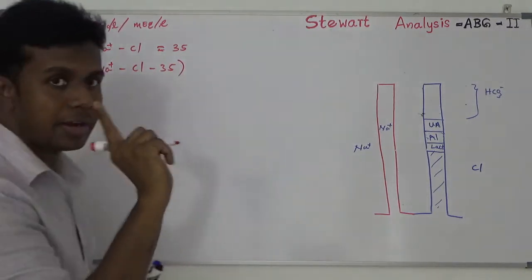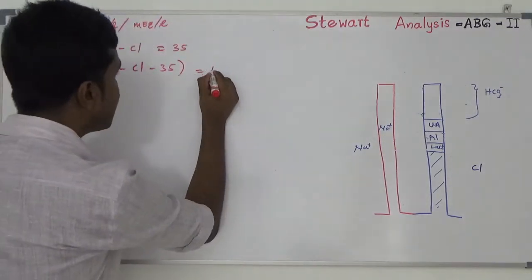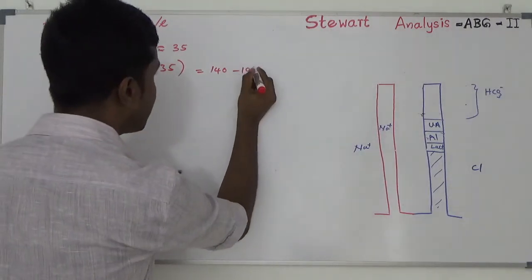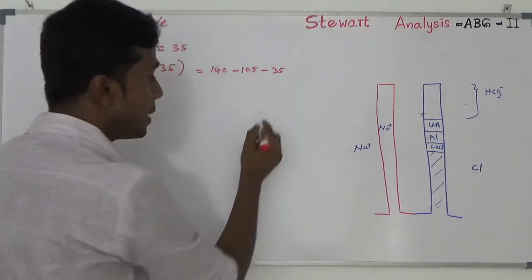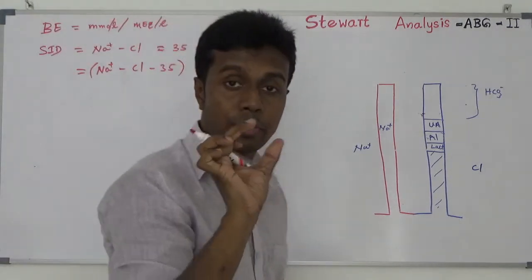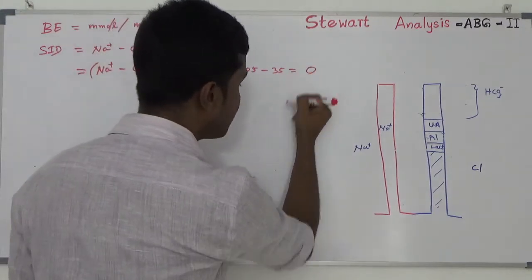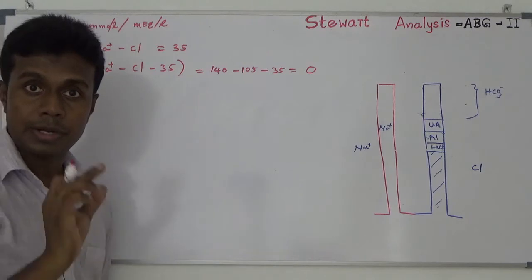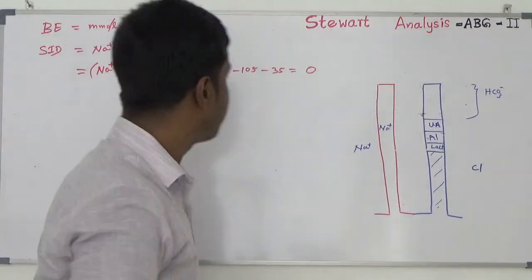If I am perfectly normal, my sodium level is 140 milliequivalents per liter, chloride 105, and if I reduce this 35, that means if I have a normal value, I have to reduce 35. Once I reduce 35, the total value comes as 0. My strong ion difference in that case is 0, but my normal body strong ion difference is right now 35.